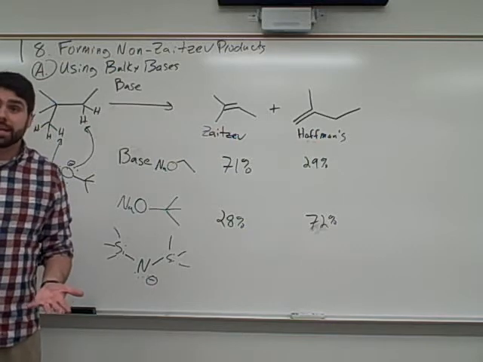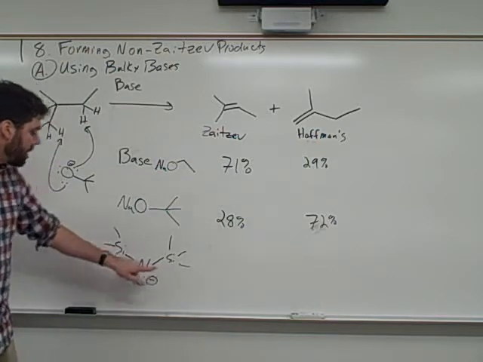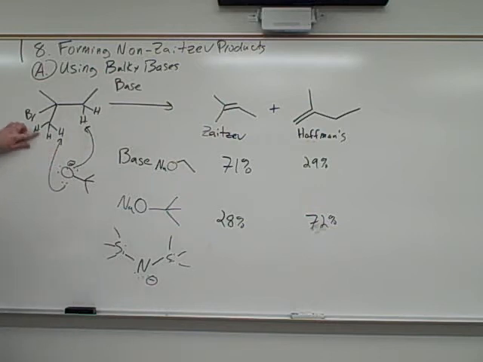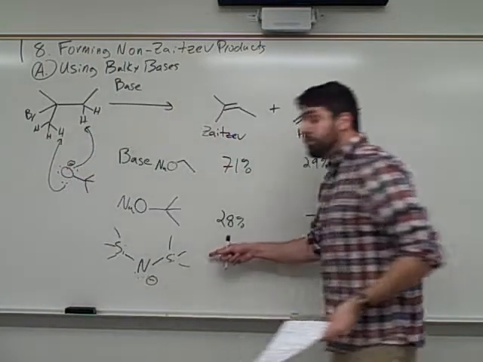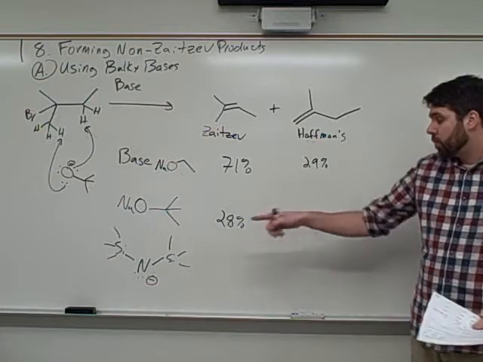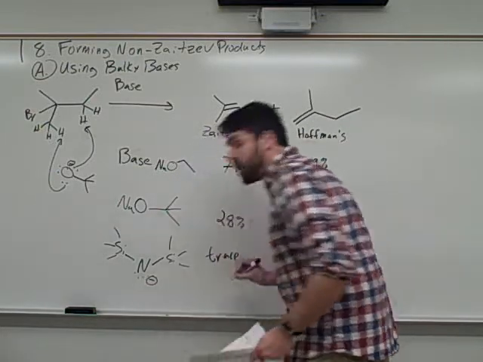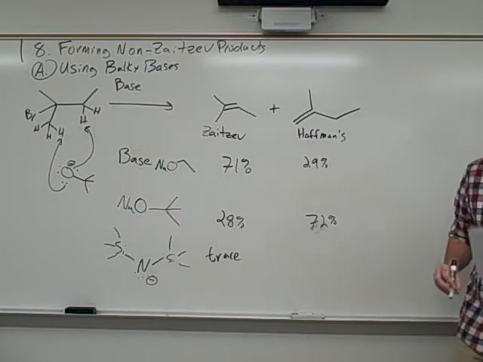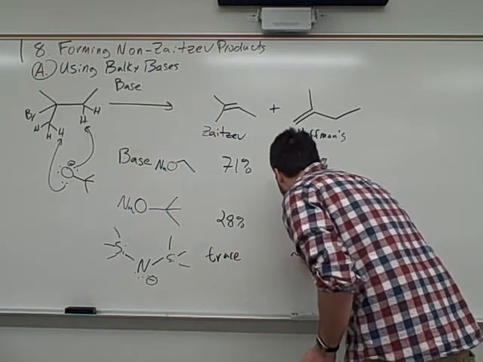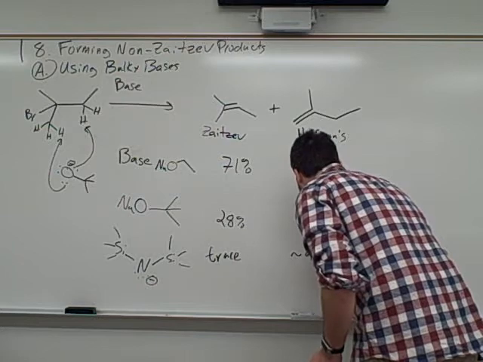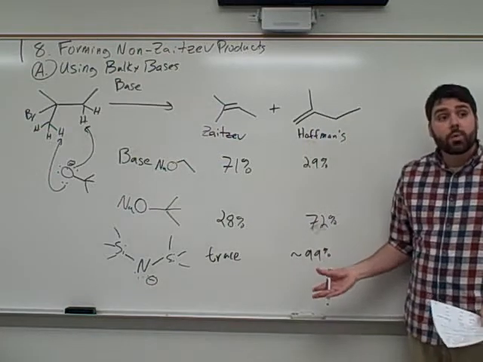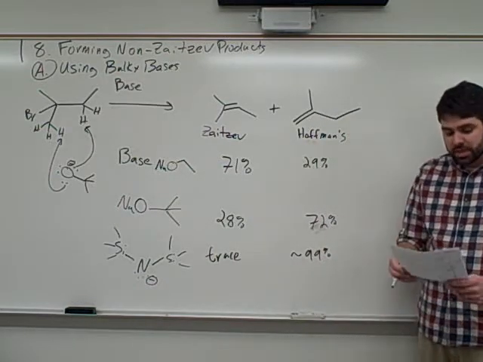It's going to get its antlers tangled on things. And so this is really going to favor the pulling off of a proton from a very sterically free position rather than the more sterically encumbered position here. And so in this case, we've moved our overall product ratio to giving us only a trace of the Zaitsev product and nigh on 99% of Hofmann's product.